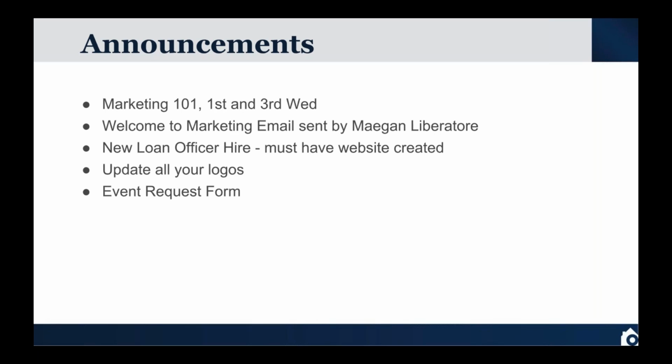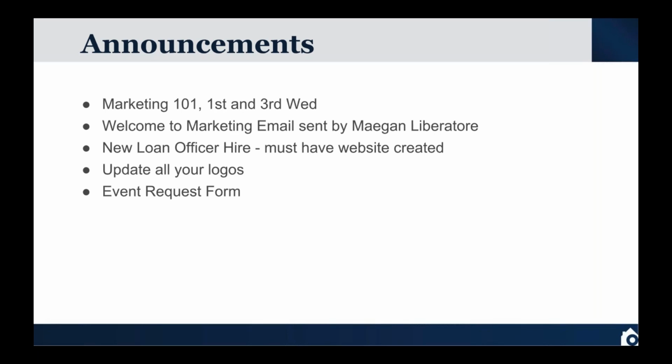And I'm glad I'm able to tie into this next bullet point, the event request form. I think we announced it about a month or so ago. I just wanted to remind everybody that we have this form for when you're going out to an event.